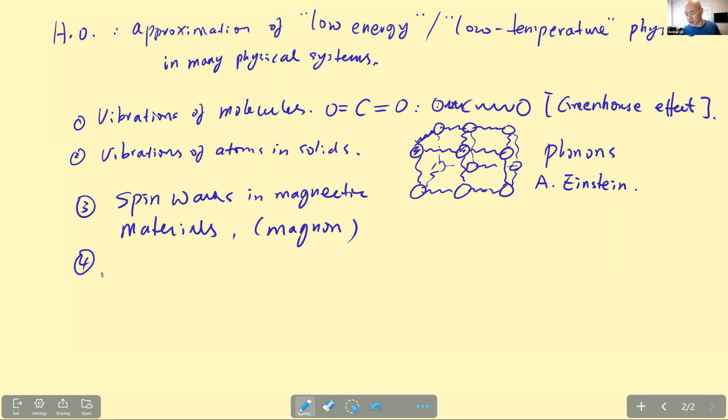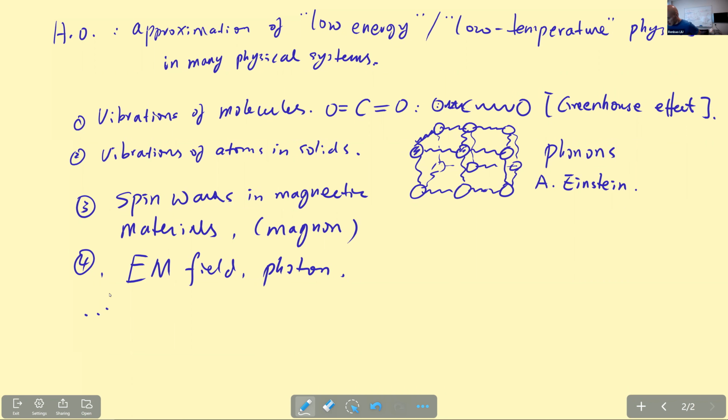You can also have, of course, the EM field. That's a photon. Okay. So there are many kinds of physical systems that can be understood by the physics of the harmonic oscillator. So it's very important to understand the beautiful physics of the harmonic oscillator.